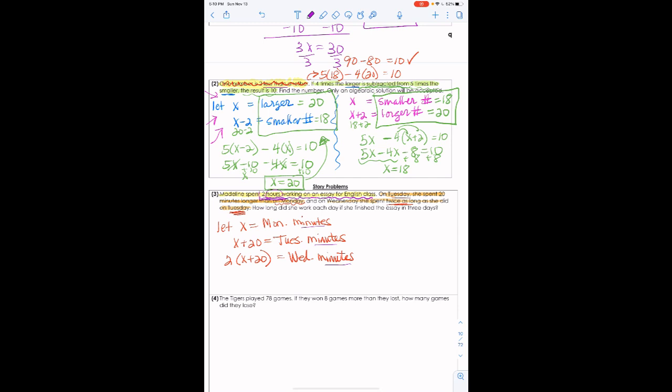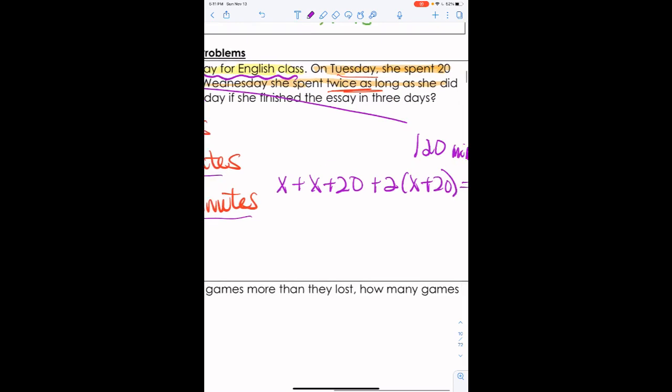So I'm going to make my 2 hours 120 minutes, obviously, because there's 60 minutes in an hour. So therefore, I'm going to have x plus x plus 20 plus 2 times x plus 20 equal to 120.